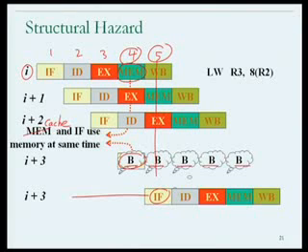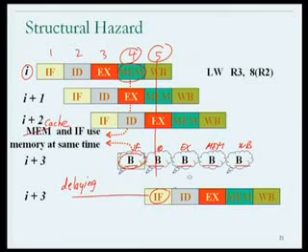And therefore, there will be a bubble of air in the instruction decode hardware in the next cycle. Similarly, there will be a bubble of air in the instruction EX hardware in the next cycle, and so on. So one can view the bubble of air as progressing through the pipeline, just like an instruction. The net result was that by delaying instruction I plus 3 by one cycle, we were able to overcome the structural hazard.